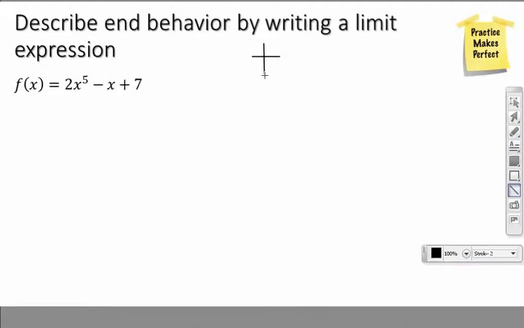So here I've got a little graph. That's all that is. My degree is odd. Okay, my degree is odd right there, and my coefficient is positive.